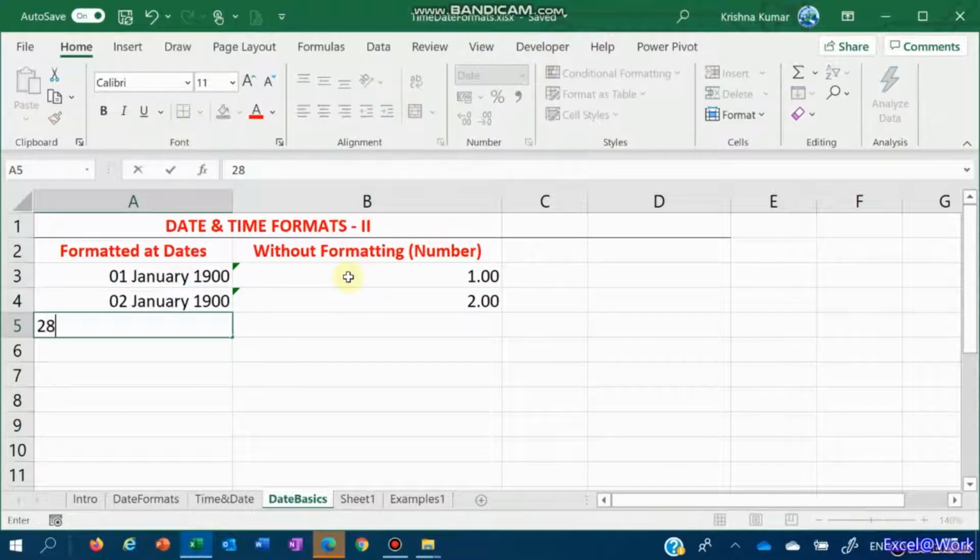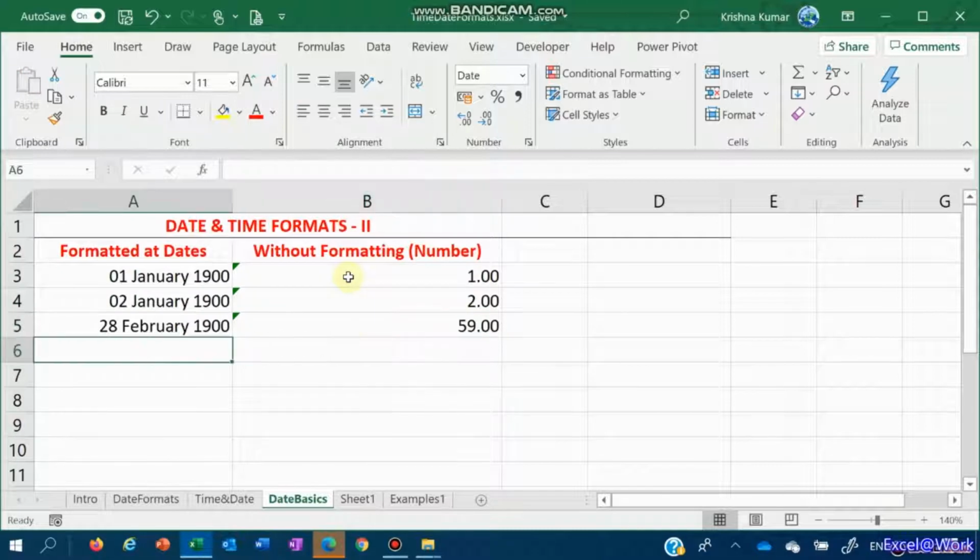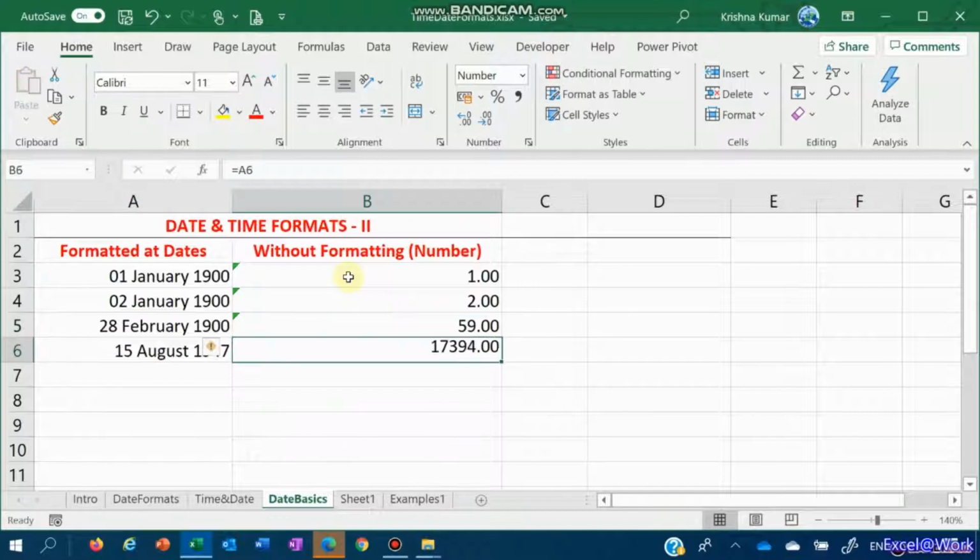The 28th of February 1900 becomes 59. We'll come a bit further. 15th August 1947, the day India got its independence, is day 17394.